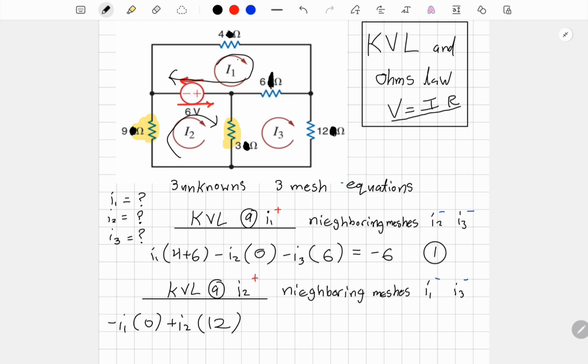And you'll notice that whatever mesh I'm doing the KVL at, that's where I include all the resistors in that mesh. So I'm doing KVL at I2, I'm going to include any resistor in that mesh. And then just include the ones that are connected to I1 and I2 for all the others.